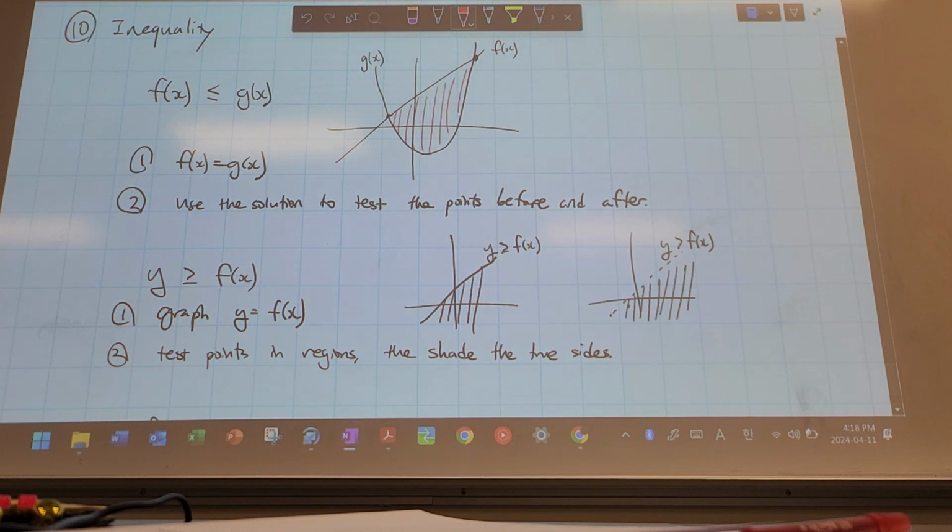So this is a graphical representation. If this point is A and this point is B, then f of x is less than or equal to g of x when x is between A and B. So if you solve it, x is between A and B.